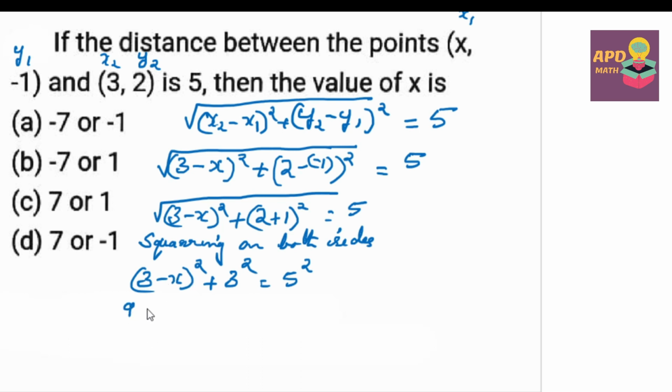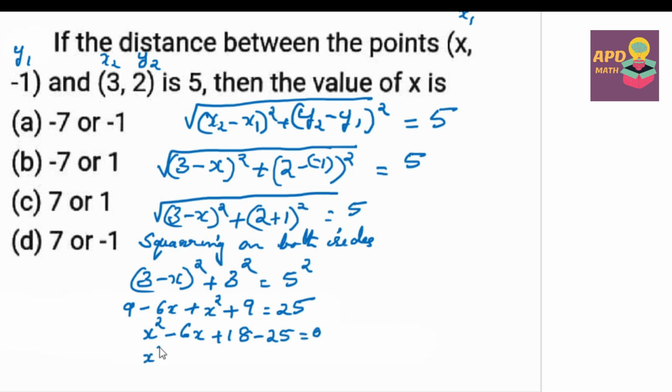That is 9, a square is 9, minus 2ab, 2 into 3 into x, 2 3s are 6, so 6x, plus x square, plus 3 square is 9, is equal to 5 square, which is 25. So this is x square minus 6x plus 18 minus 25 is equal to 0.